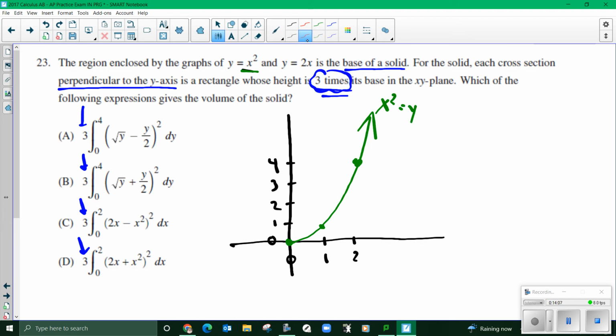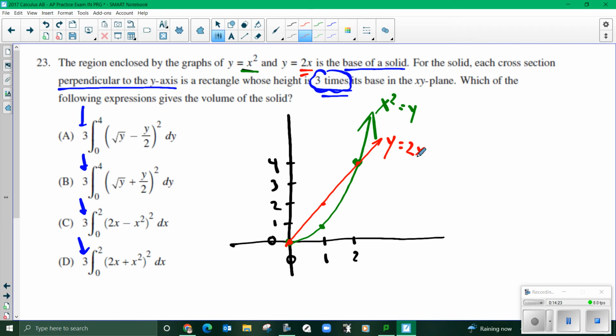We'll do this one in red. 2x. It's going to start at the origin. It's going to go up 2 over 1. Up 2 over 1. Okay, it's going to cross right there. In the red is y equals 2x.